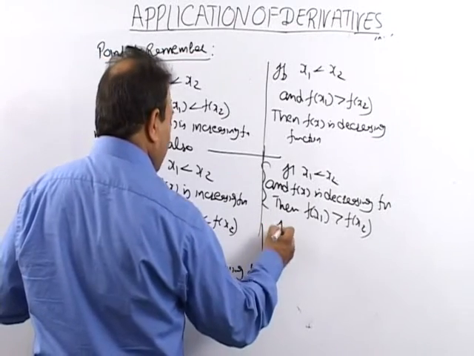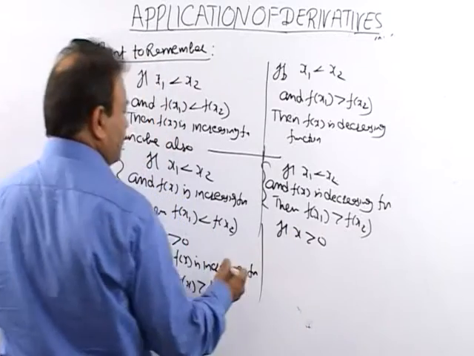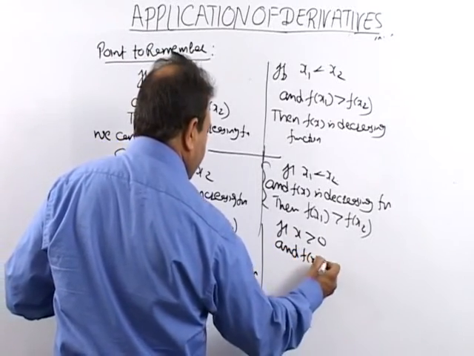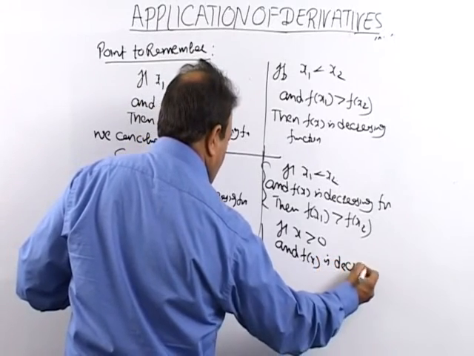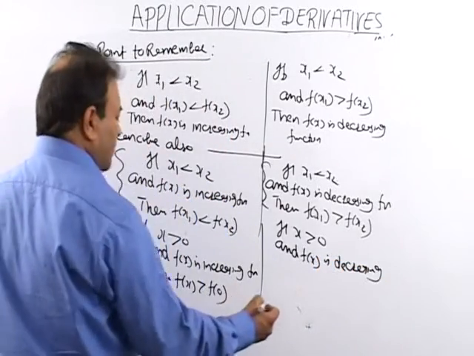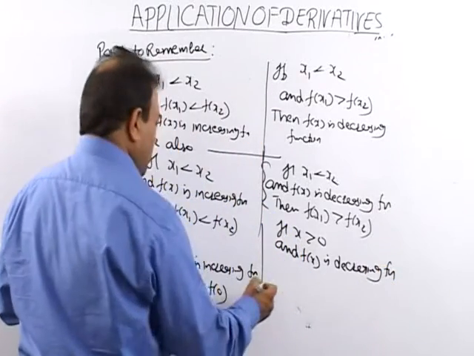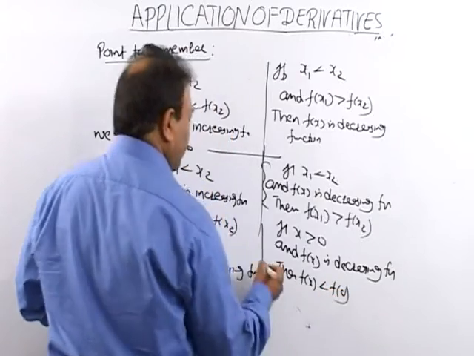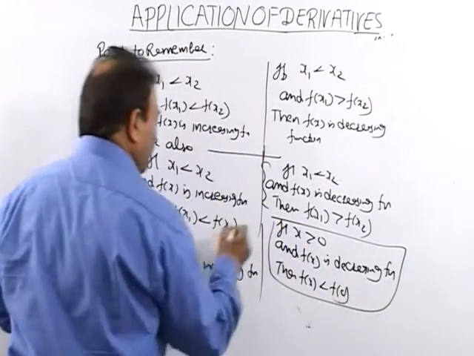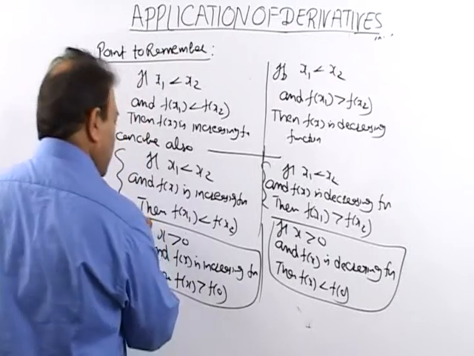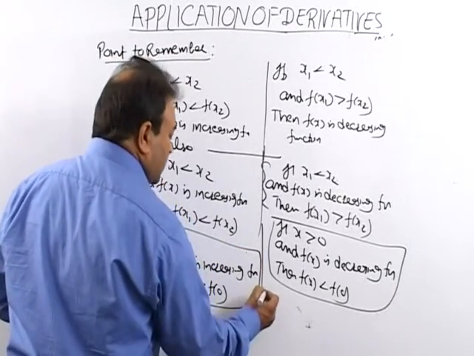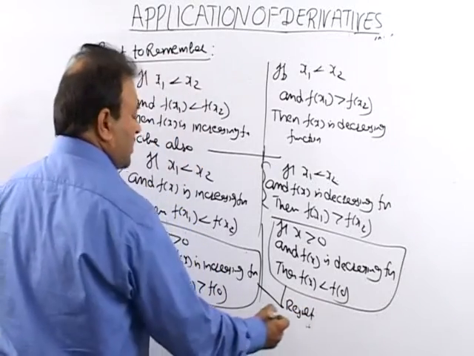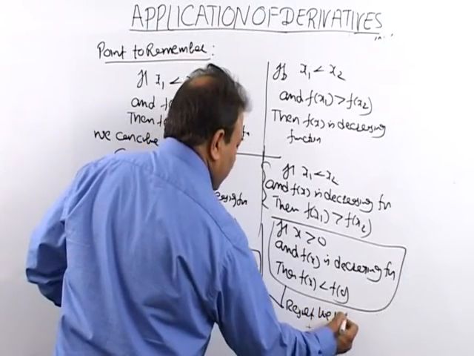Here we can say if x greater than 0 and fx is decreasing function, then f of x is less than f of 0. This is the result, we will use it.